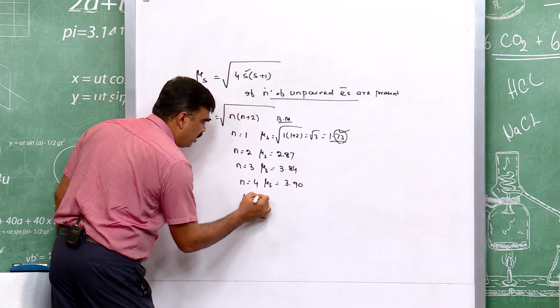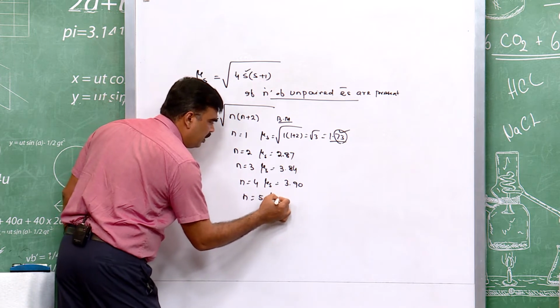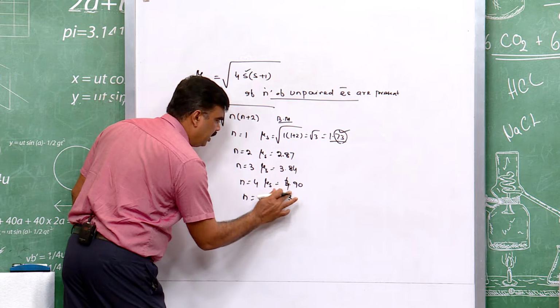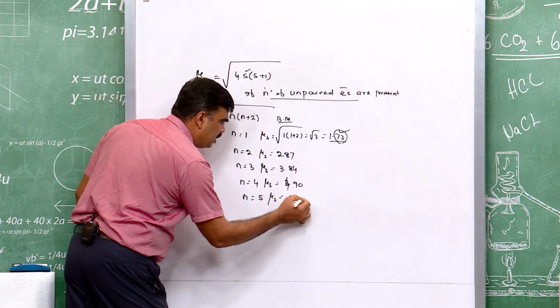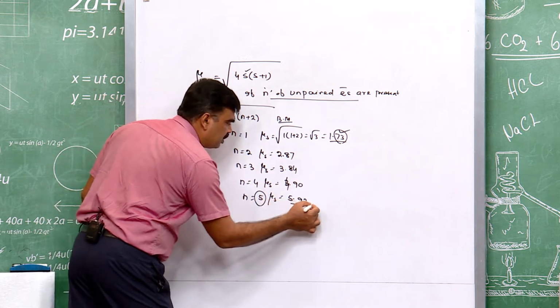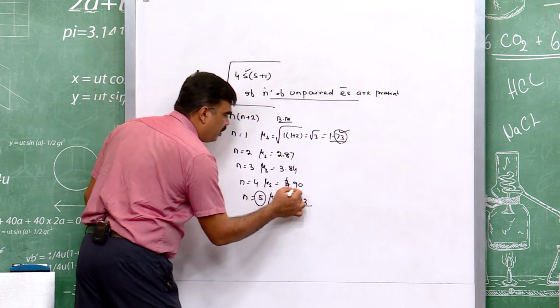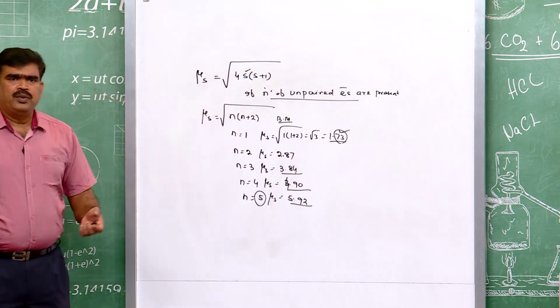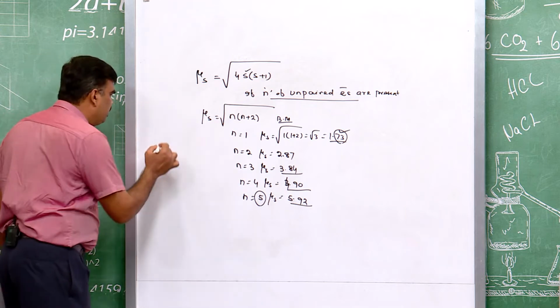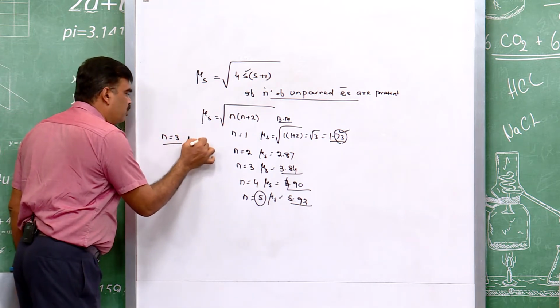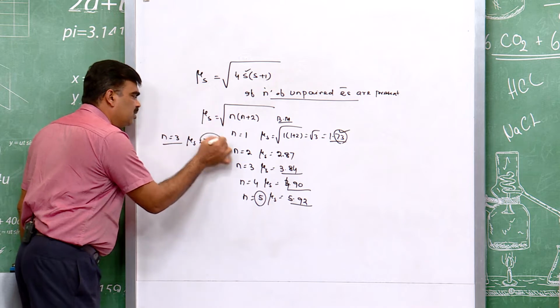If n equal to 5, mu s will be 5.92. So, if n is 5, it must be 5.9. 4 means 4.90, 3 means 3.8. If you do not remember exactly, then you can simply write, if n equal to 3, mu s equal to 3.87.